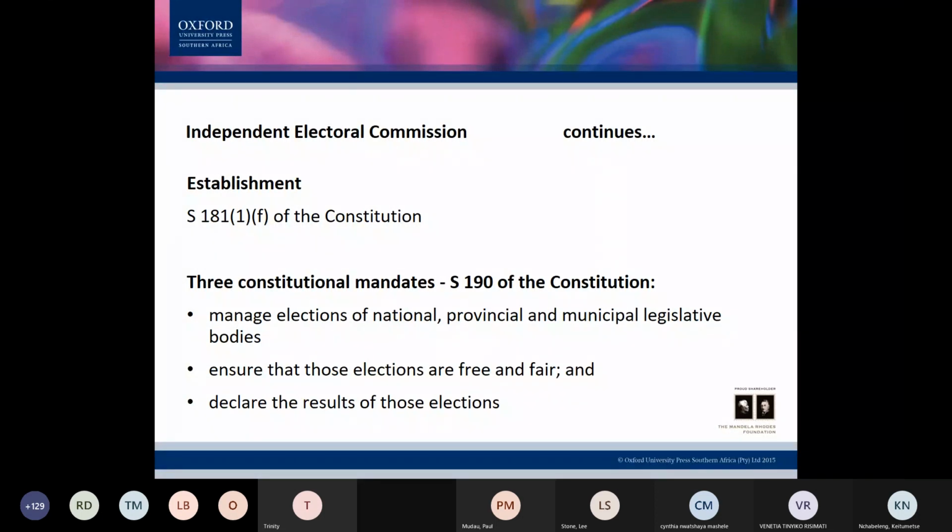So these 3 primary mandates are to manage the elections of national, provincial, and municipal legislative bodies in accordance with national legislation, to ensure that those elections are free and fair, and again to declare the results of those elections within a period that must be prescribed by national legislation, and that is as short as reasonably possible.